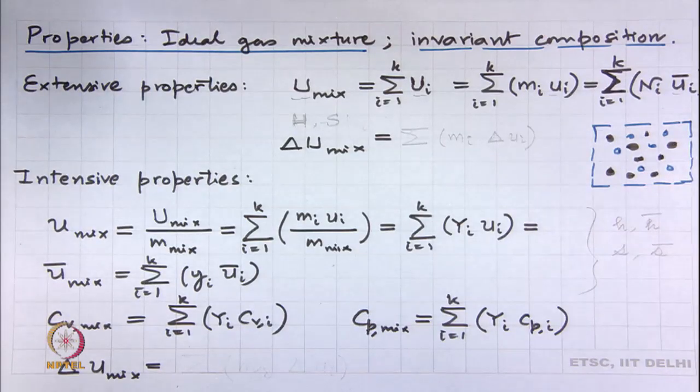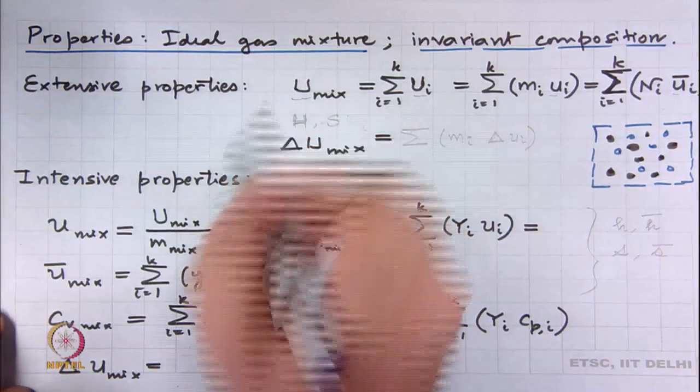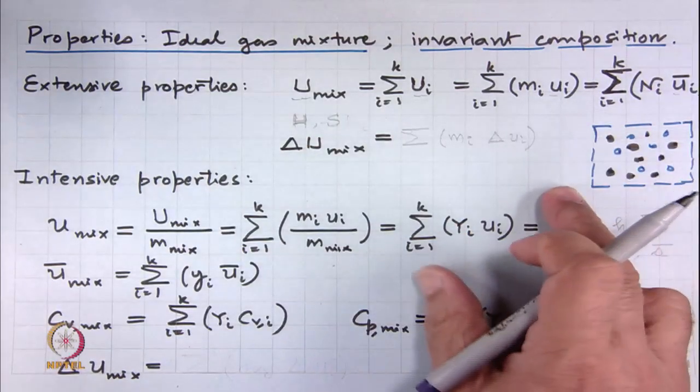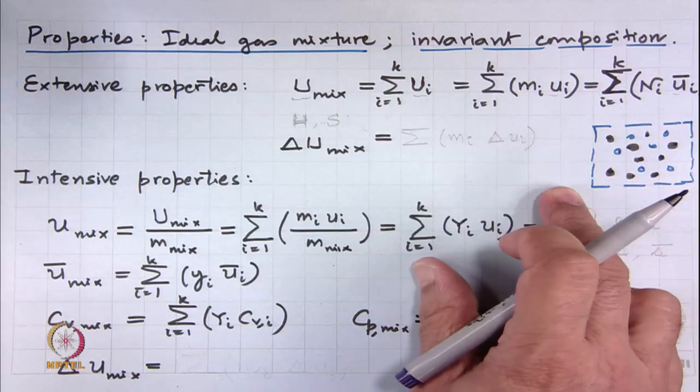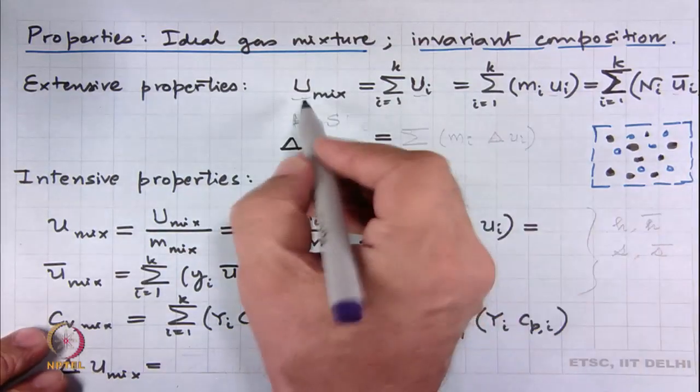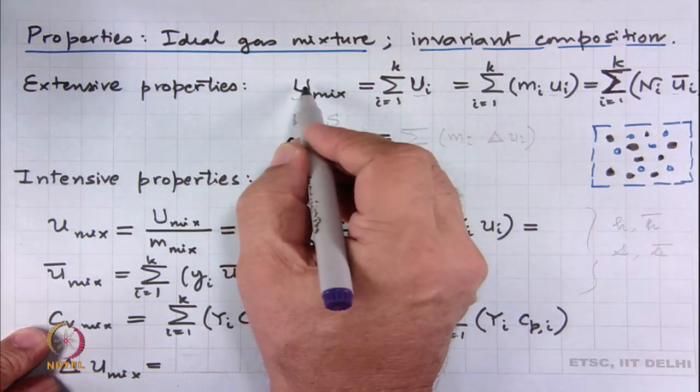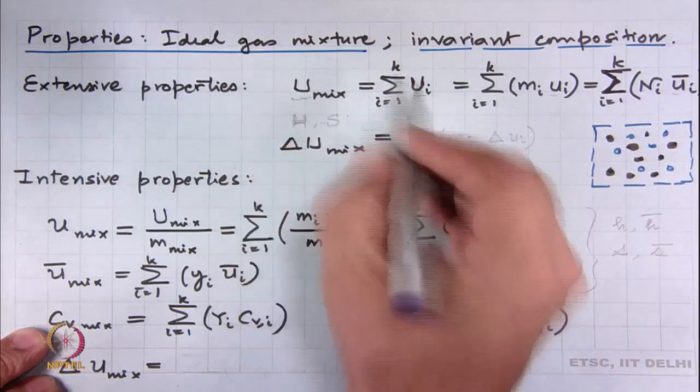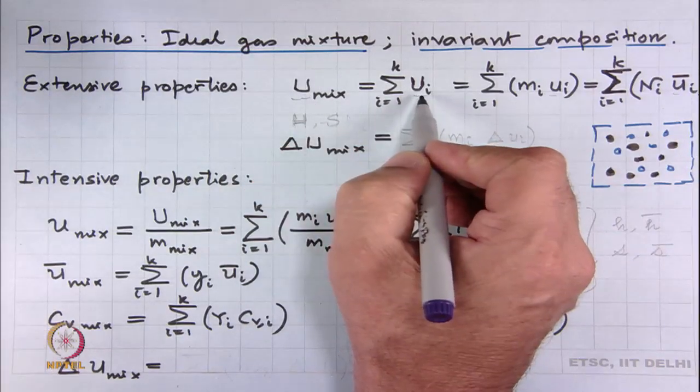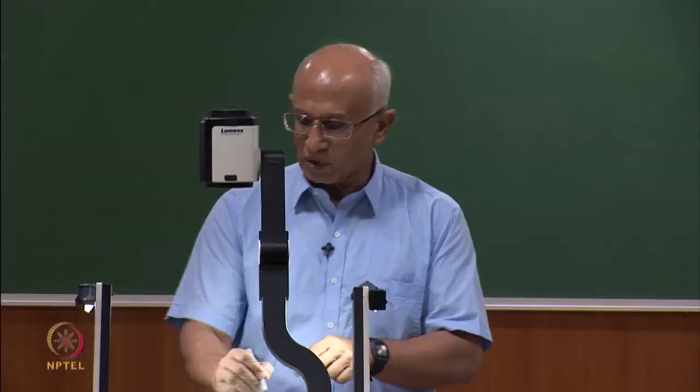Then the first thing we do is we will say the simple thing to tackle is the extensive properties of this mixture, and so we say that extensive properties are nothing but addition of the extensive properties of the individual components. So, U mix, which is the total internal energy of the mixture, is the sum of the internal energy of every component of that mixture.